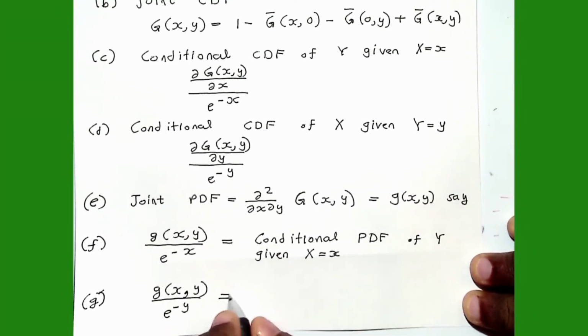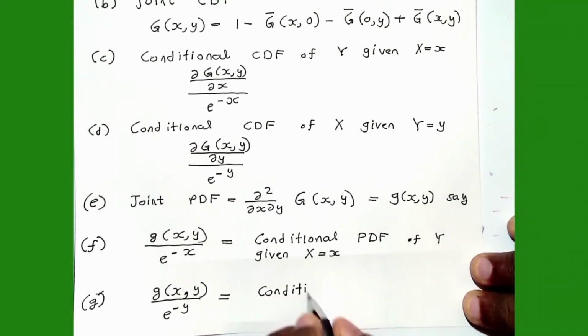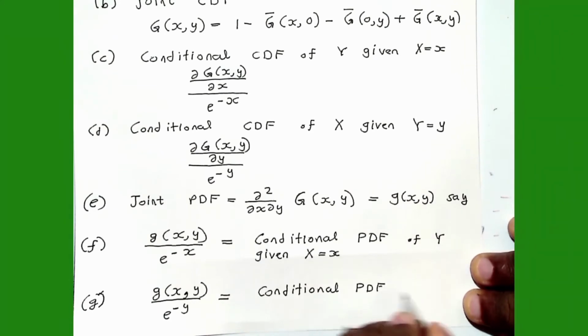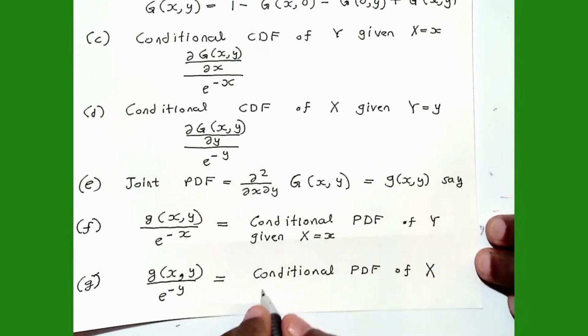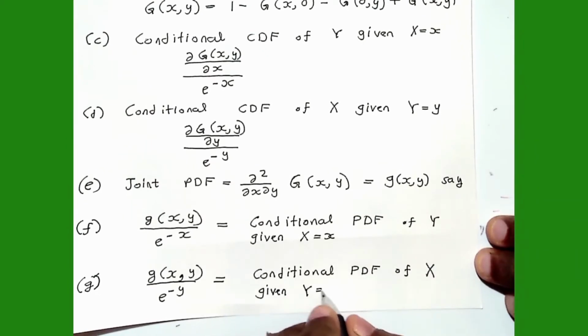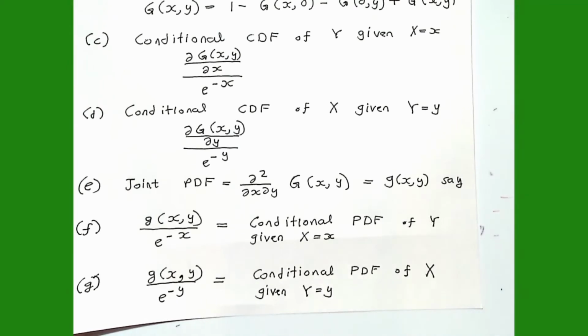So this will give you the conditional PDF of x given y. Okay, so this completes question 1 of sheet 12, right? And so let's move to question 2 now.